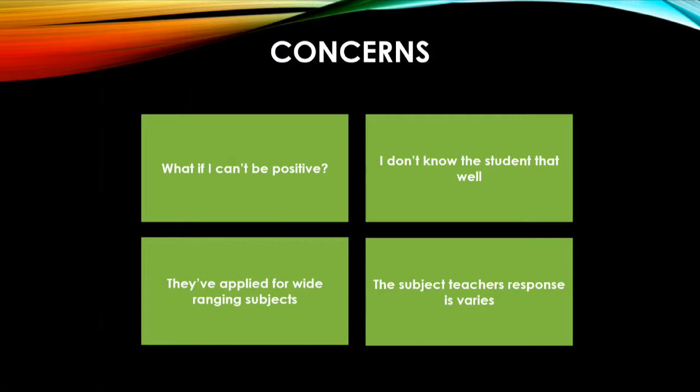If you are really struggling to be positive about that individual within the reference, then perhaps it would be worth reflecting on whether there may be another member of staff, another individual who has a better relationship with that individual student, who would be willing to write the reference. This feeds in quite well to the next concern, which is: I don't know the student that well myself. That, in large schools, again, is very, very common.